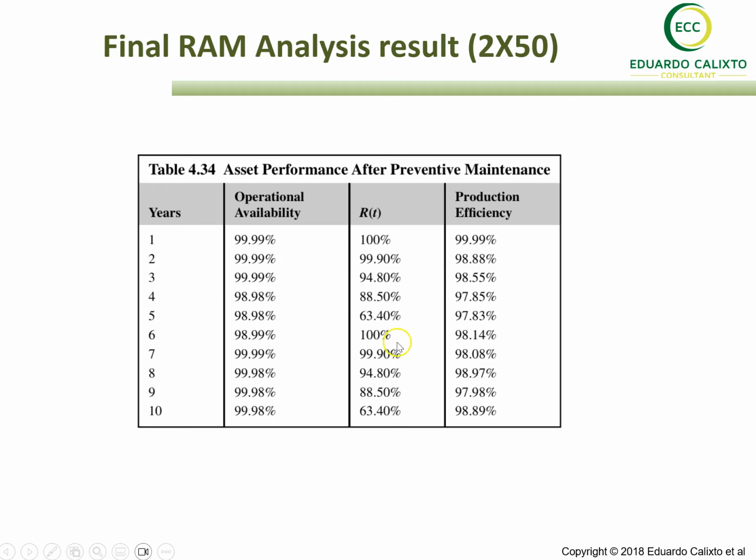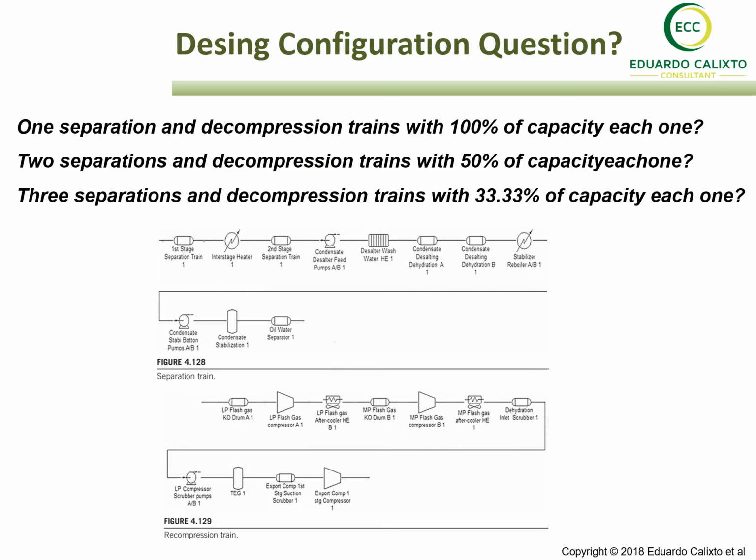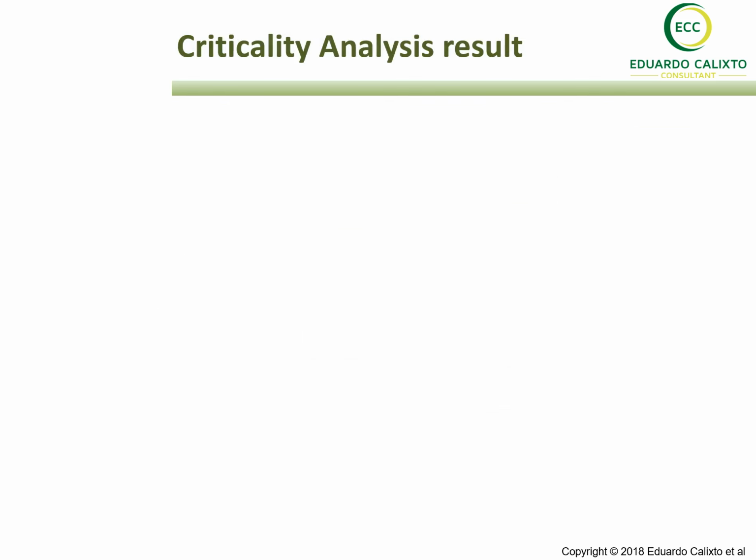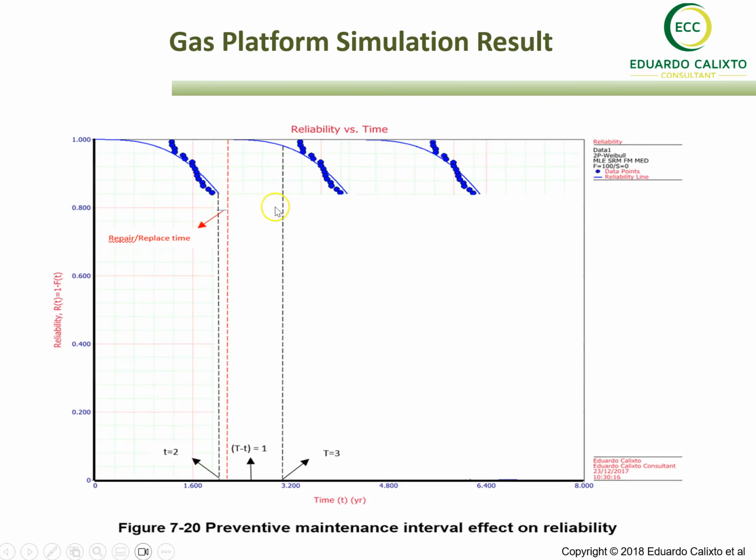Because I'm performing the reliability as described in this build that I explained before, at some points in time I perform preventive maintenance, and I recover the reliability of my system to 100%. So I do not let my operational availability go down.